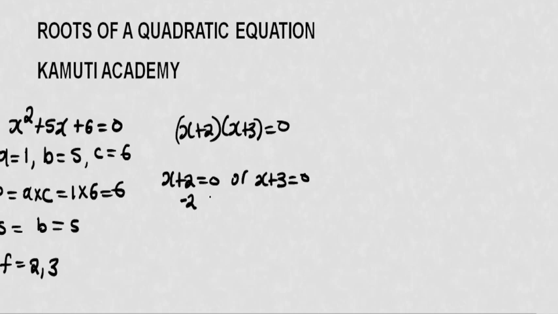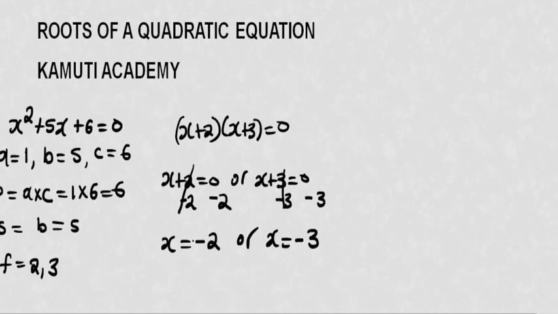Here we subtract 3 here, we also subtract 3 there. Then x is equal to, this will cancel, x is equal to negative 2, or x is equal to, this will equally cancel, x is equal to negative 3. So we have found two values for x.